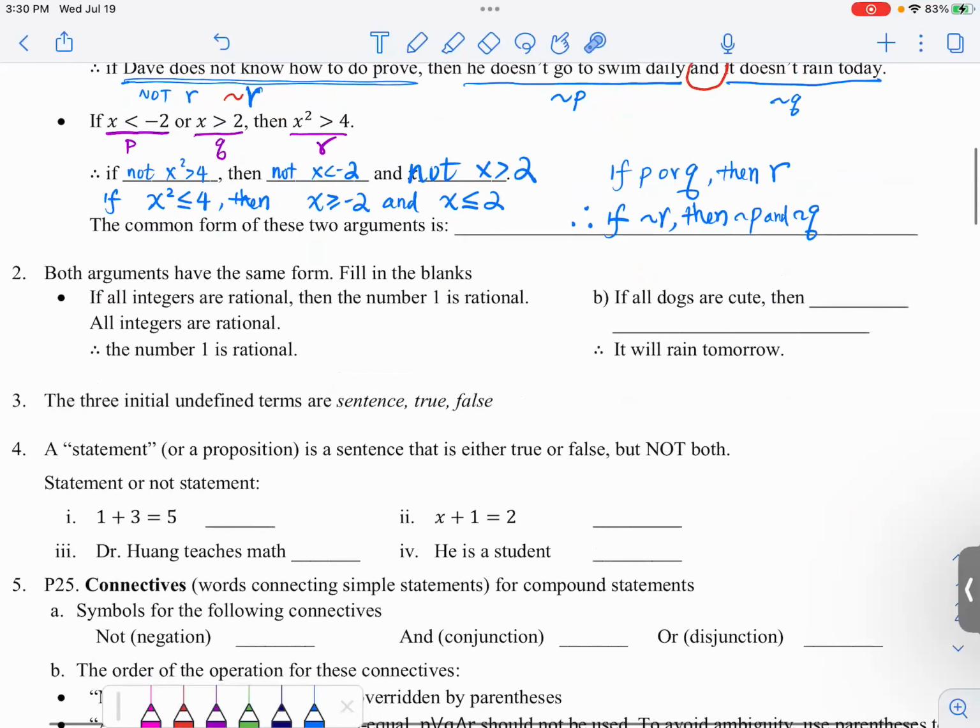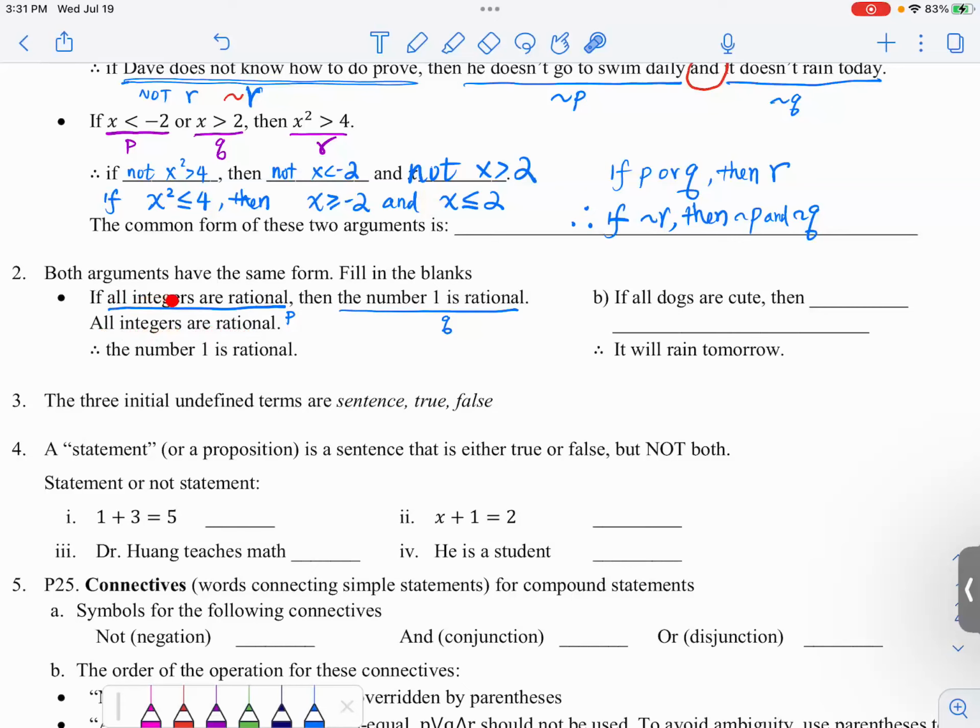You're given that both arguments have the same form. Fill in the blank. So we are going to repeat what we have done. Let's first identify the form. If all integers are rational, let's call this P. Then the number 1 is rational. Let's call this Q. Now the second statement is saying all integers are rational.